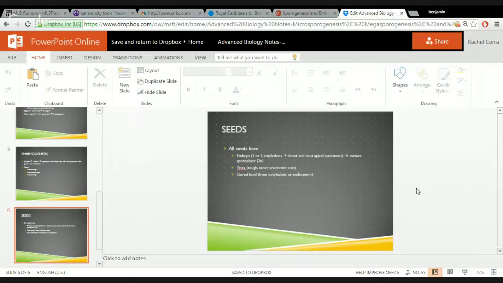So now it looks kind of different. You've got your testa from those integuments, and that's that hard outer coating there, and that's going to be your seed. You still have that basal cell. You still technically have your suspensor, but now your suspensor has developed into other parts, including the beginnings of your root apical meristem.